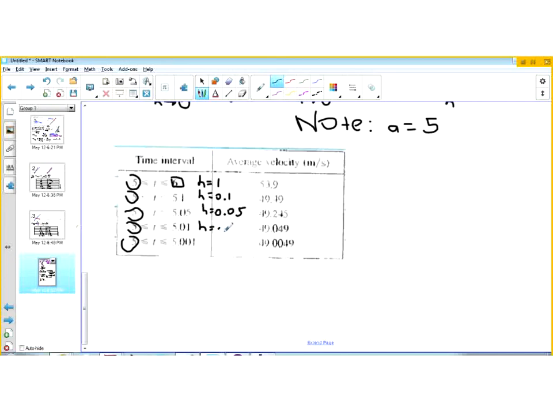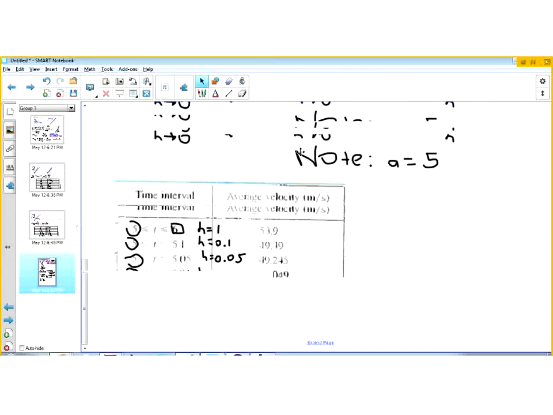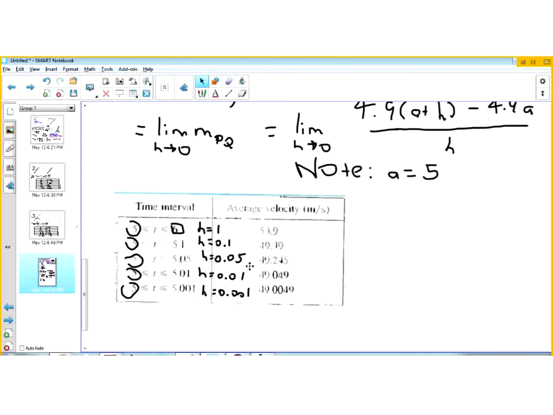And here we have H is equal to 0.01, and H is equal to 0.001. So you see how we're fulfilling our requirement that H approach 0 right here.